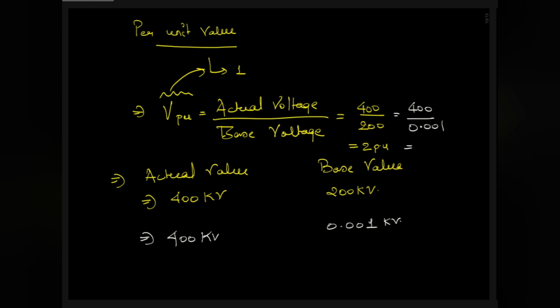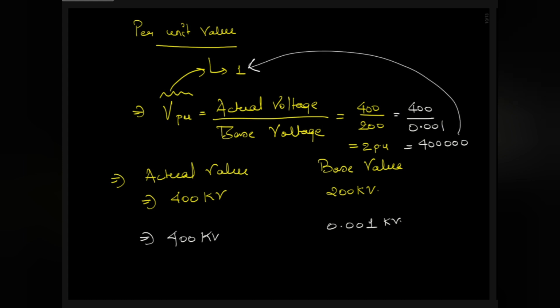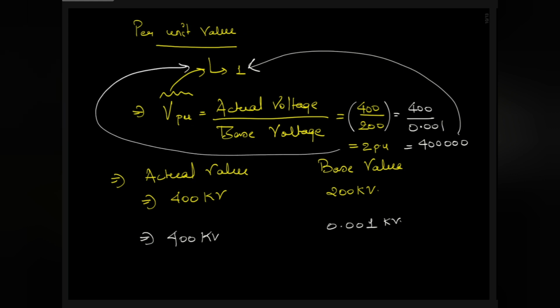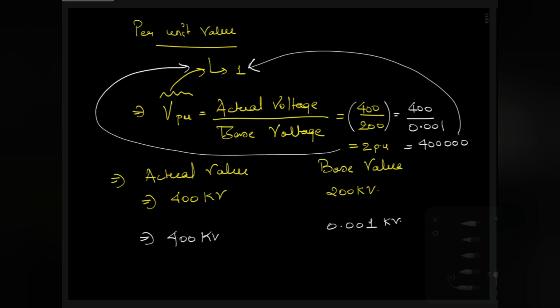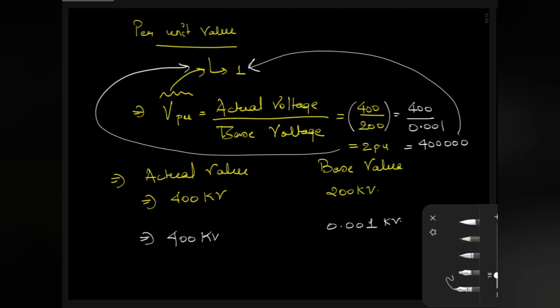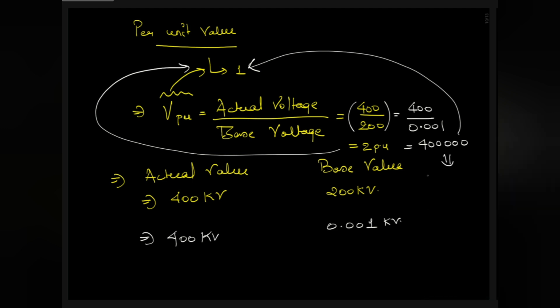Okay, this will lead your value to 4 lakh. Okay, so this is nowhere nearer to 1, so it's better to take values which give your per unit value nearer to 1. Okay, in this scenario, it's better to work with actual values.